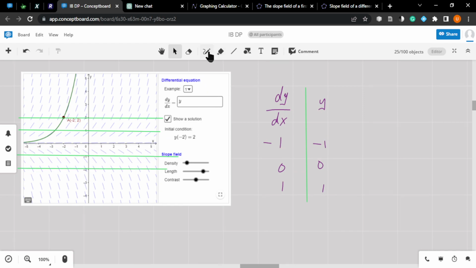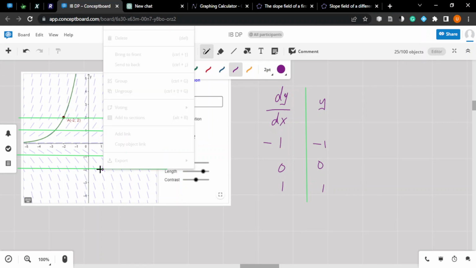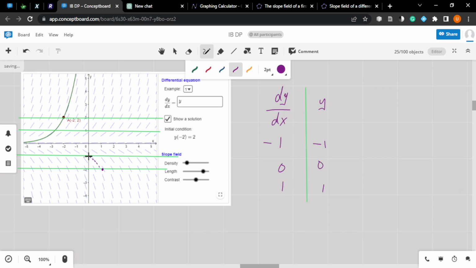Okay, now if the initial condition is given, for example, initial condition is 2 2, we can come up with this equation. But if the initial condition is, for example, 1 and minus 2, our graph would be slightly different. It would be like this.